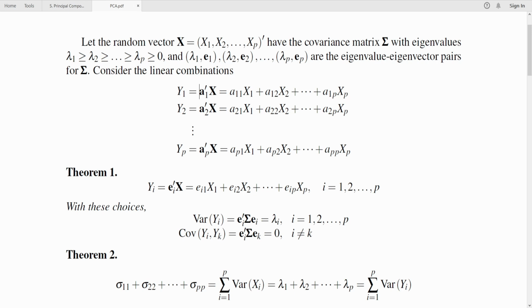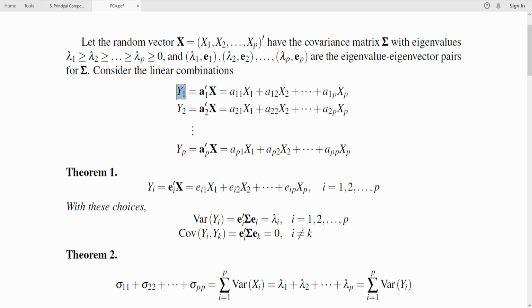And then we will maximize the variance of each of those with that constraint, that the length of this vector is 1. Why do we do that? Why do we need this unit length? Because we can always multiply this vector by some constant, and we will get a larger variance. So we need that constraint.